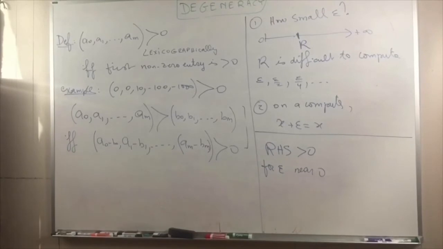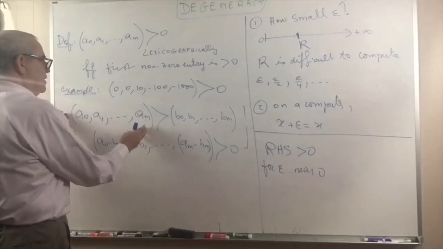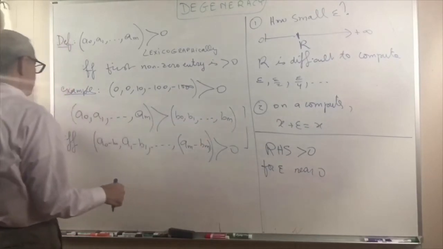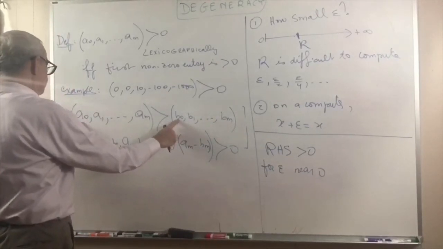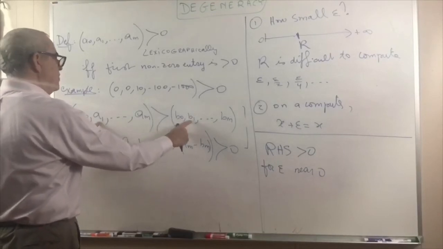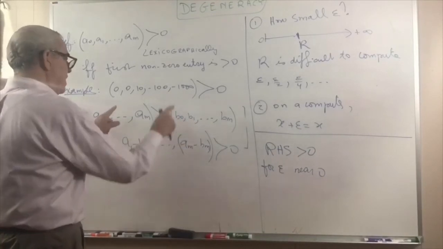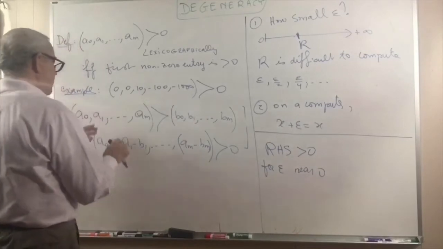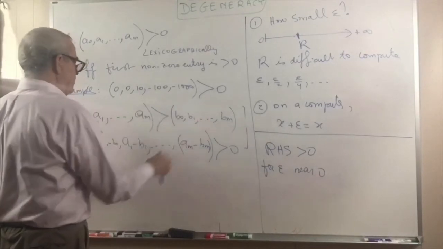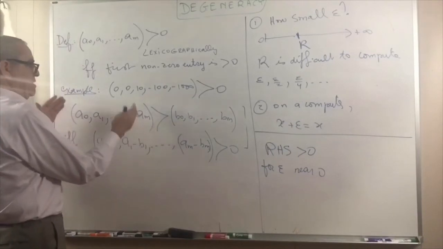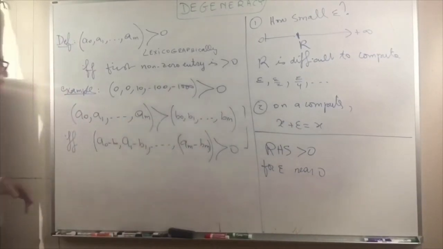We start comparing the first component. If they are equal, we move to the next component, till I find an index for which they are different. And if that entry is bigger than this entry, then we say that this vector is lexicographically bigger than that vector.